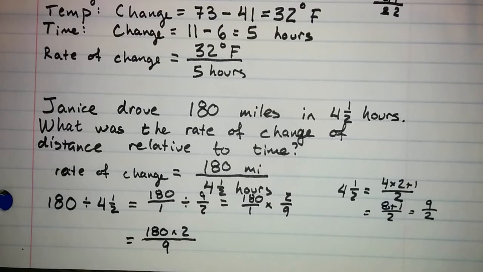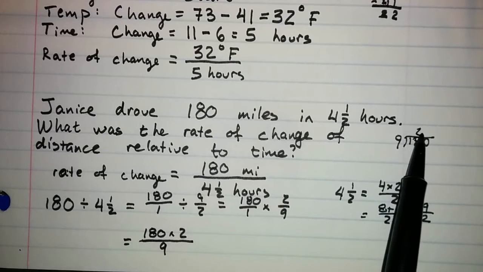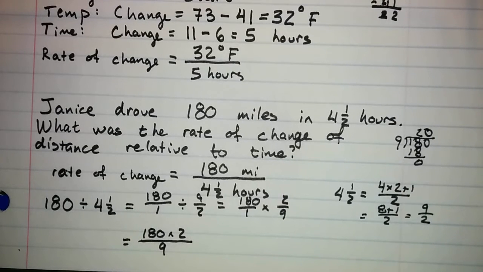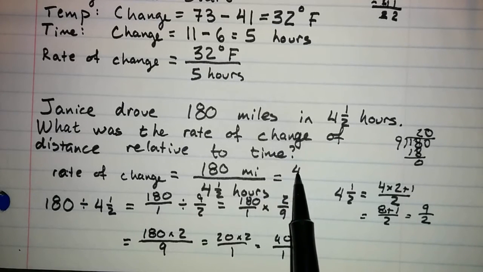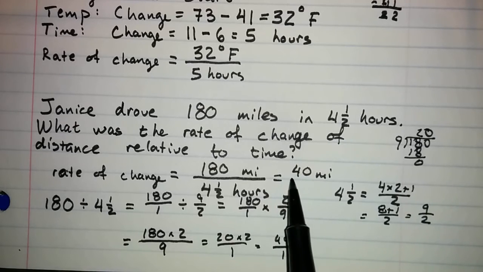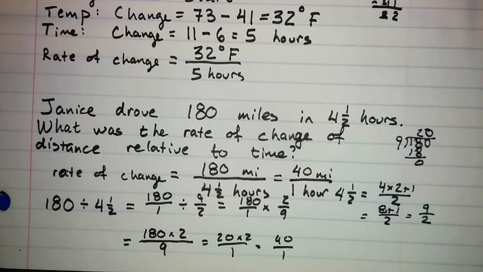I noticed that 9 is a factor of 180. Since 9 goes into 18 twice, so 9 goes into 180 20 times. So we end up with 40 wholes, 40 over 1, leaving it written in fraction form, of course, because it's a ratio. We'll say 40 miles for every 1 hour is the simplified ratio.